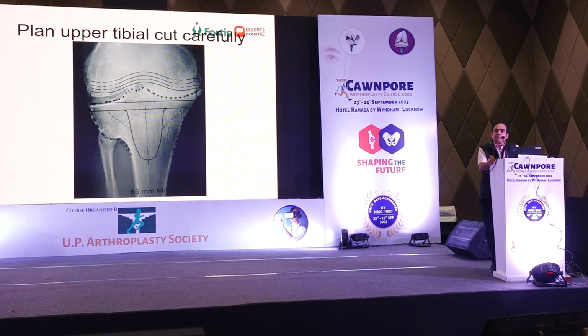Either we shift the component a little medially. Sometimes we may take the tibial cut in about 1-2 degrees valgus to accommodate the implant, and we can reduce the valgus on the femoral side. Or if that doesn't work, you have to use an offset implant. So proper planning is very important.